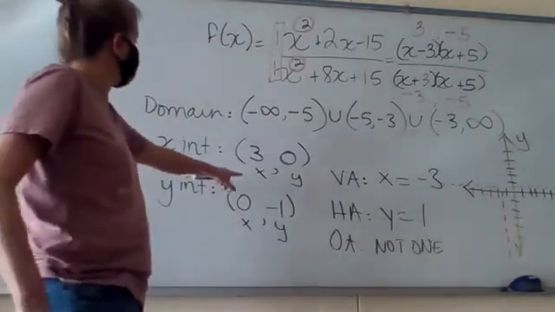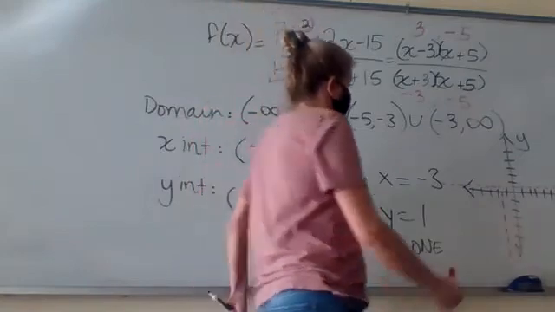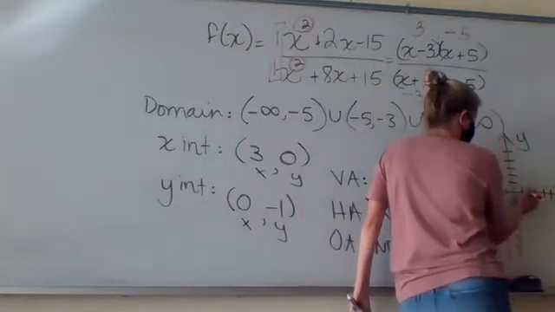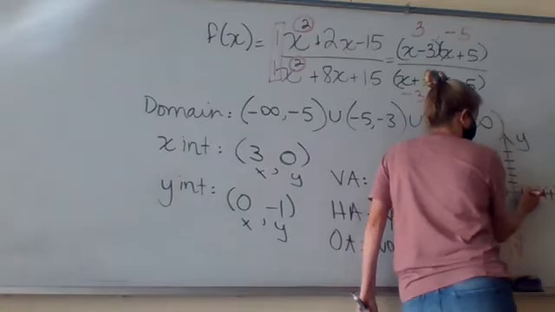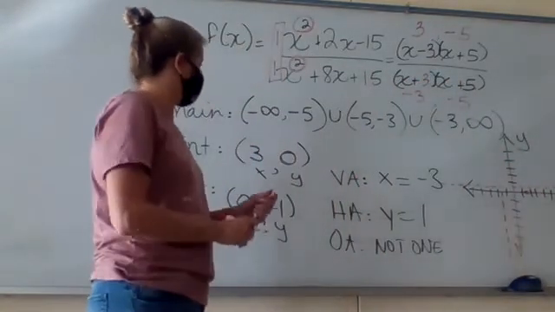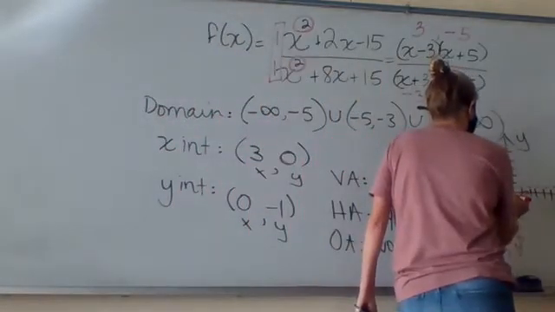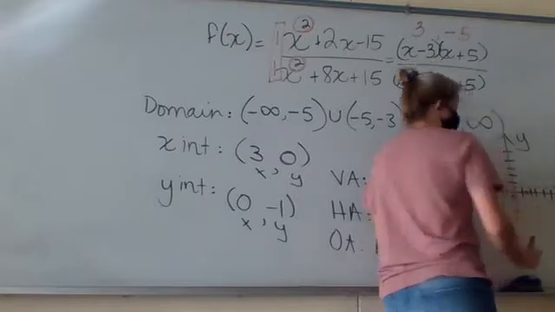The graph's going to cross the x-axis at +3. So again, if these are going by twos, it's going to cross the x-axis between 2 and 4 there. And it's going to cross the y-axis at -1. So there's what we know.